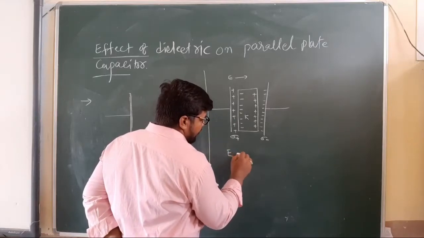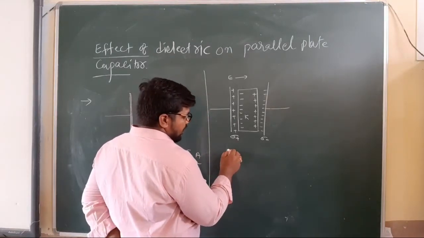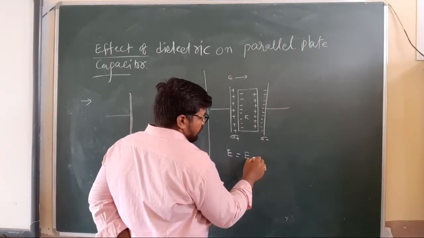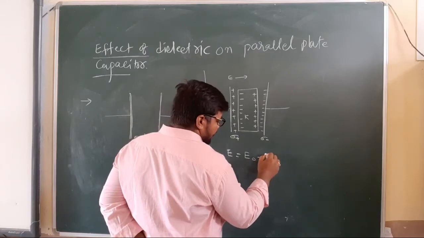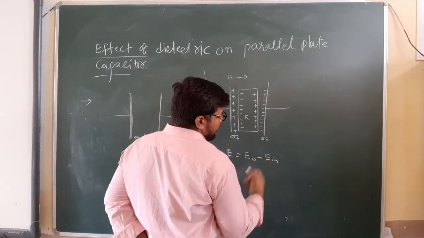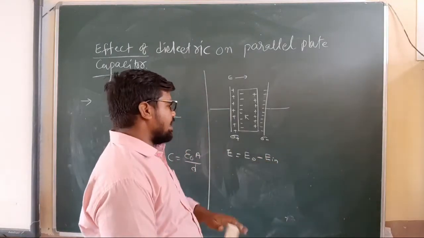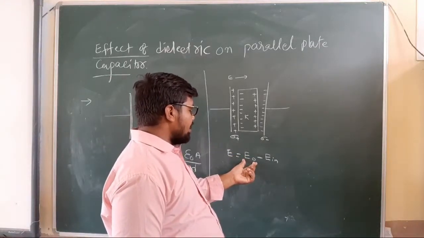the reduced electric field E is equal to the external or applied electric field minus the induced electric field inside the dielectric medium. Here E naught is what we are applying.